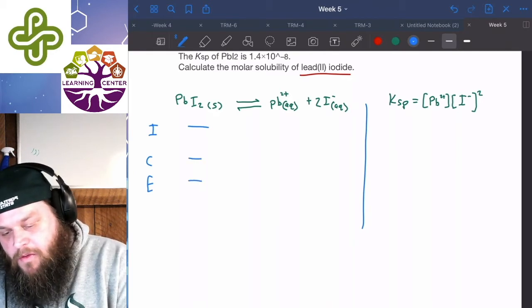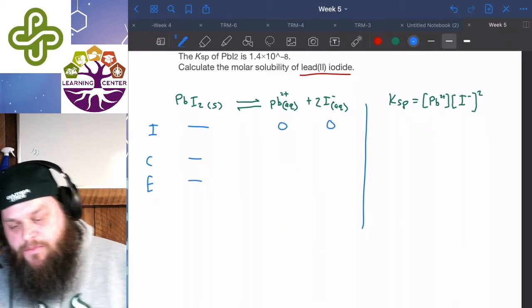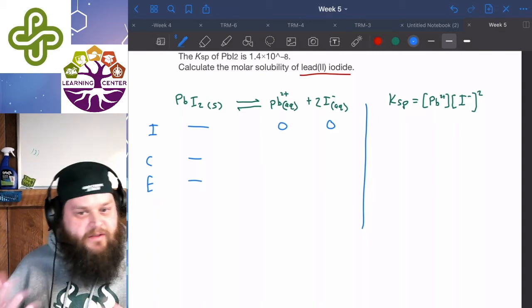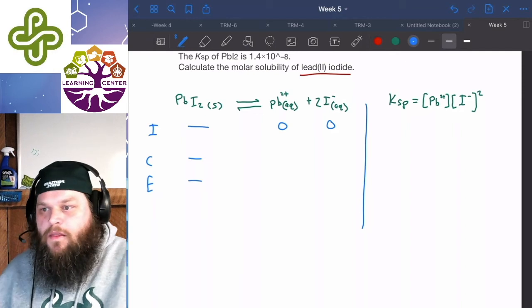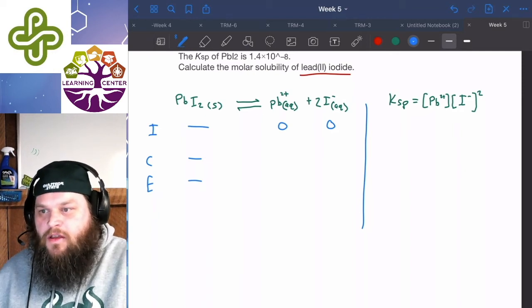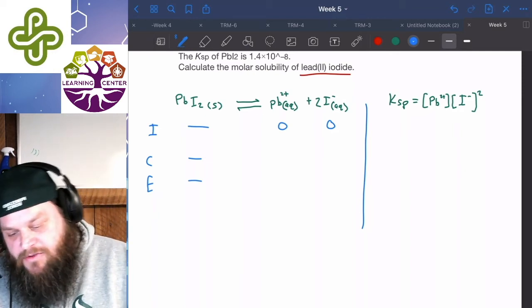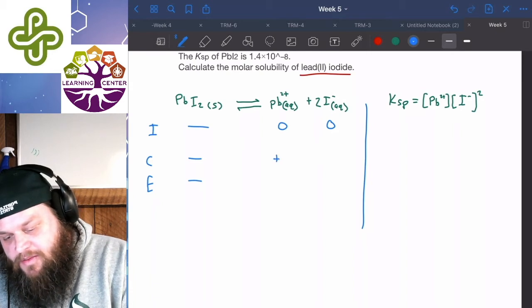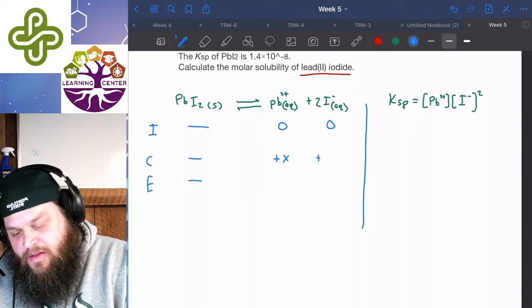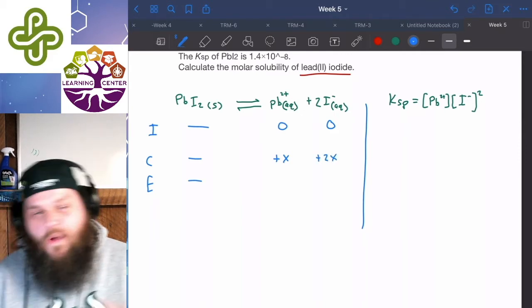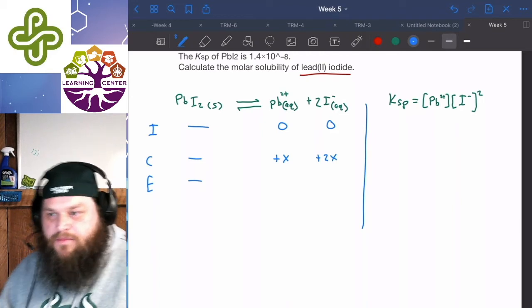But the initial state of the 2 ions before they dissociate is going to be 0. The change in the lead concentration we can say is plus X. And then the change of the iodide is going to be plus 2X, because there's twice as much iodide as there is lead.